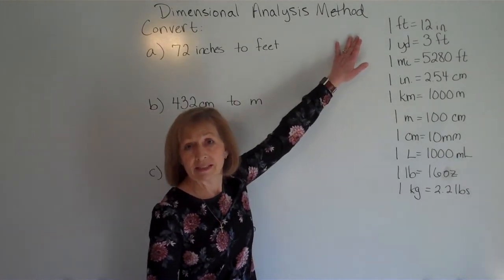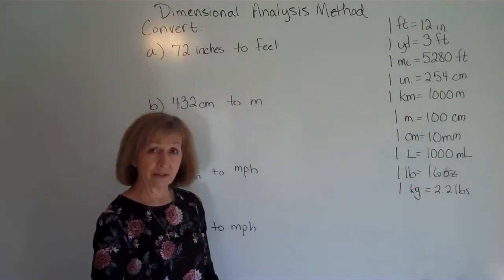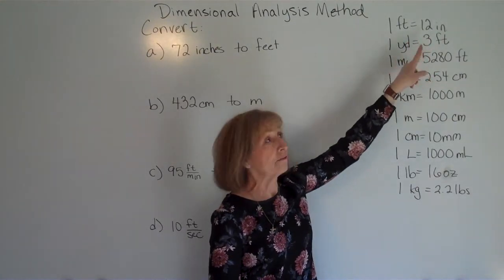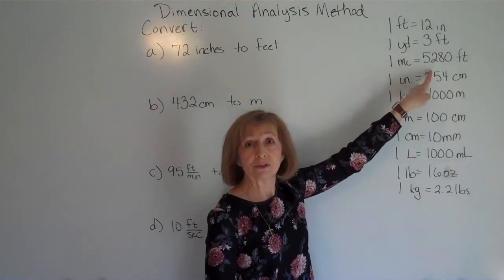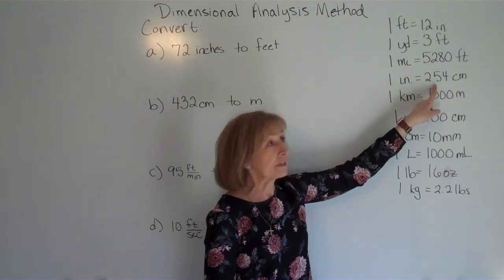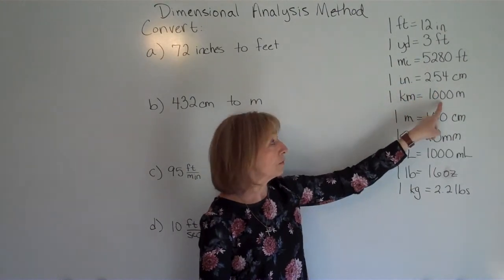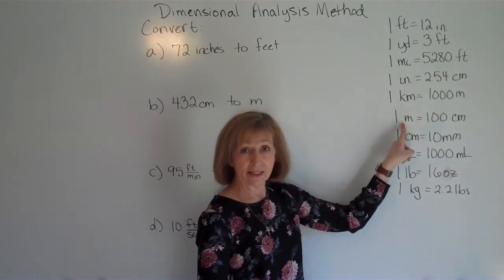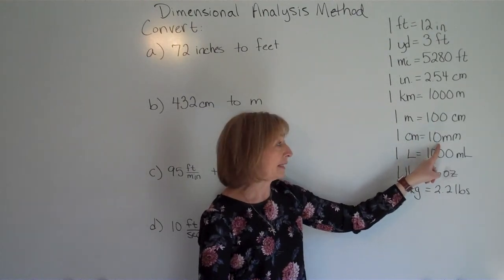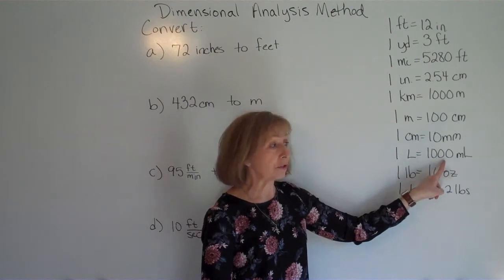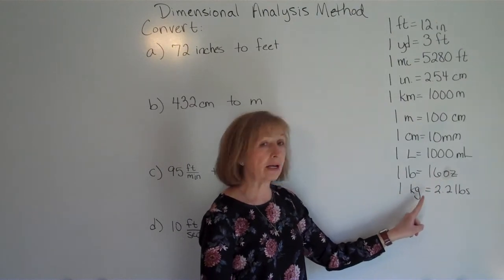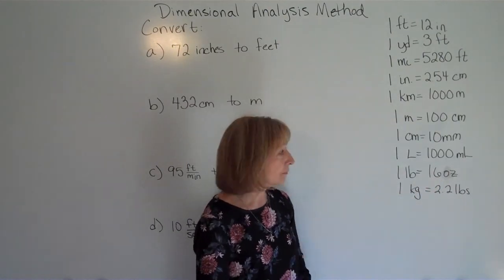I've listed a few equivalencies to the side for reference. 1 foot is 12 inches. 1 yard is 3 feet. 1 mile is 5,280 feet. 1 inch is 2.54 centimeters. 1 kilometer is 1,000 meters. 1 meter is 100 centimeters. 1 centimeter is 10 millimeters. 1 liter is 1,000 milliliters. 1 pound is 16 ounces. And 1 kilogram is about 2.2 pounds.